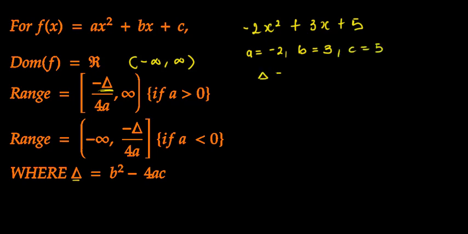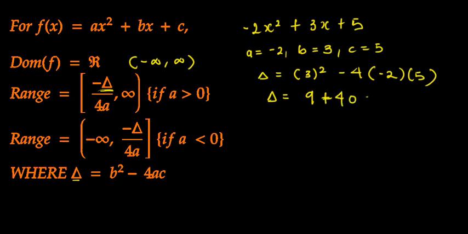So we calculate our discriminant, which is b squared minus 4ac. This is 3 squared minus 4 times minus 2 times 5. So this is going to be 9 plus 40, which is going to be 49.